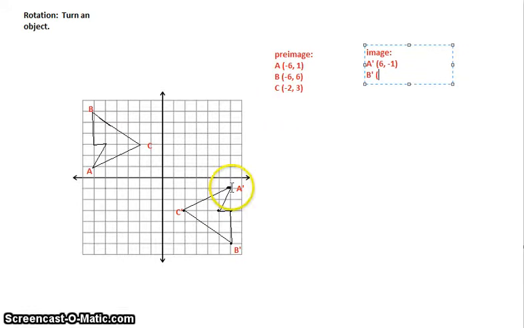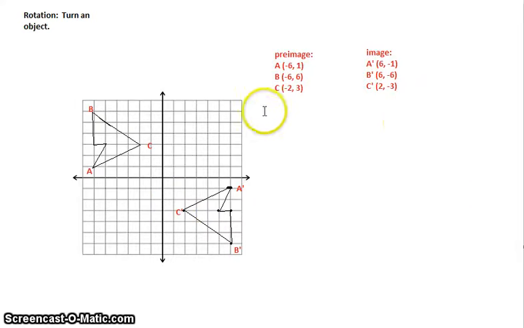For my B prime, the coordinate for this point is going to be 6, and then 6. So positive 6 on the x-axis, and I went down, so negative 6 on the y-axis. And then for my C prime, that coordinate is going to be positive 2 and down 3. So positive 2 and down 3, or negative 3.